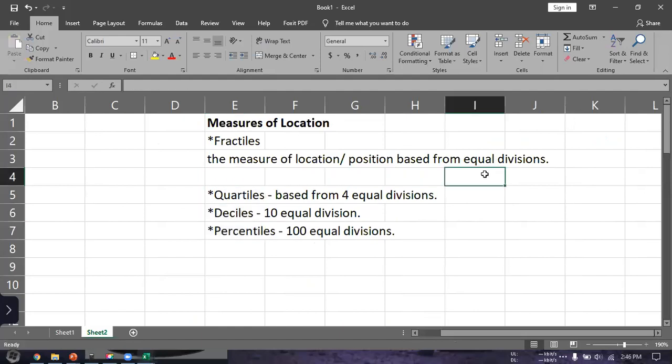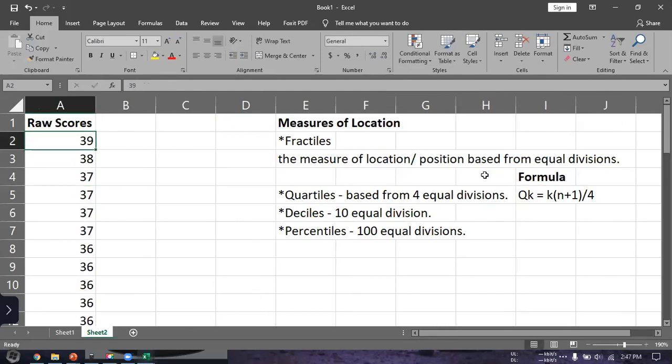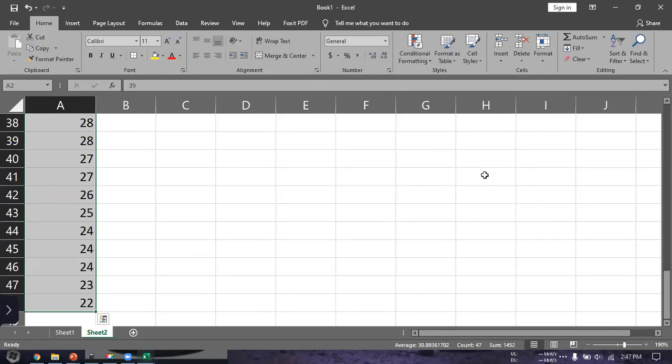The formula for the quartiles is given by Q sub K, where K is the specific quartile that you are trying to locate: first, second, third. We have K times (n plus 1) all over 4, where n is the number of test scores. In our case, n is the number of students, which is 47 once more.